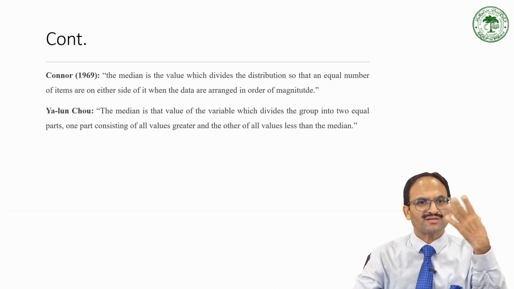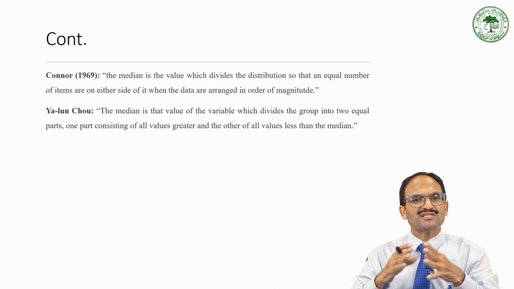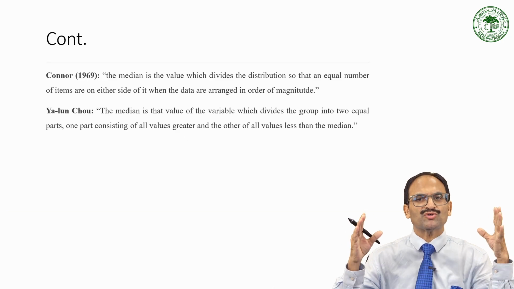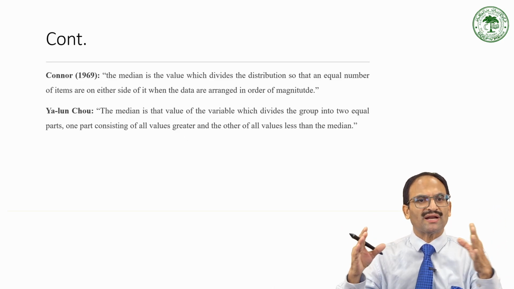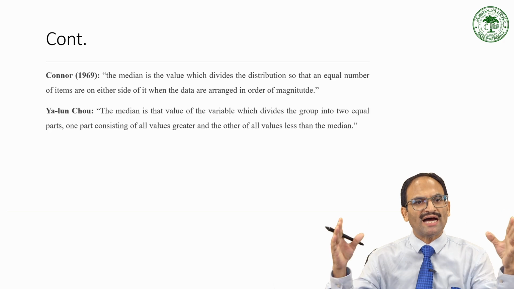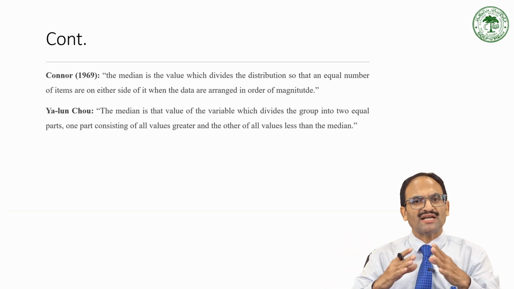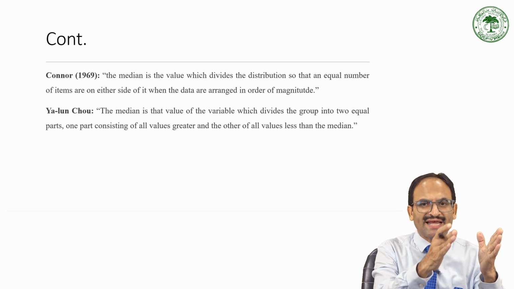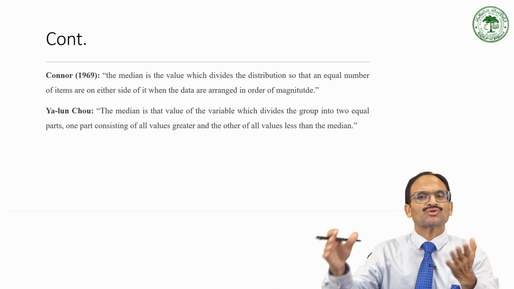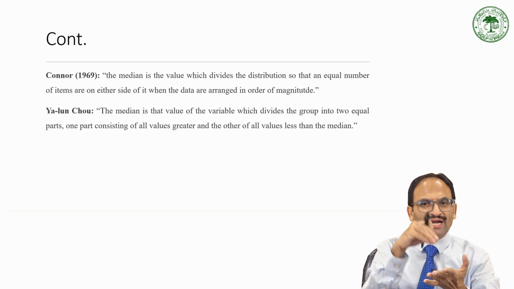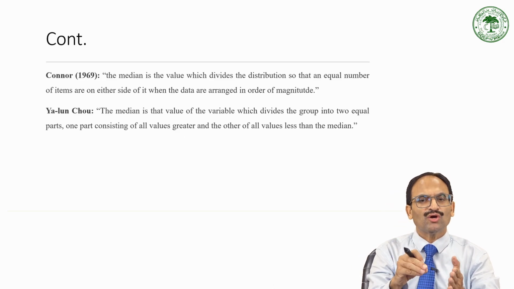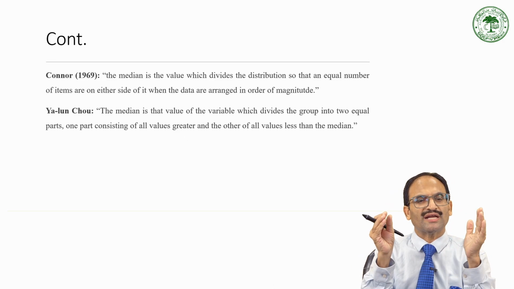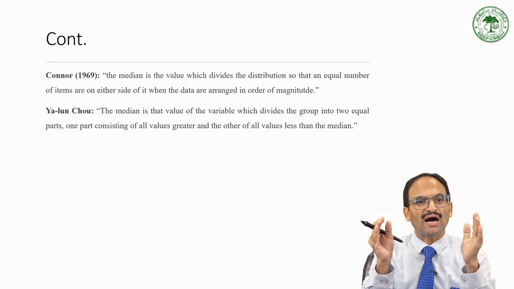Coming to the second definition, the median is the value which divides the distribution so that an equal number of items are on either side of it when the data are arranged in order of magnitude. That is, when the data is arranged in ascending order. So median will be that value which will divide the whole data into two equal halves.